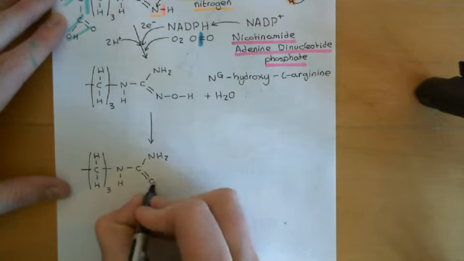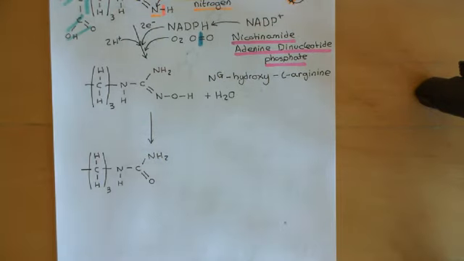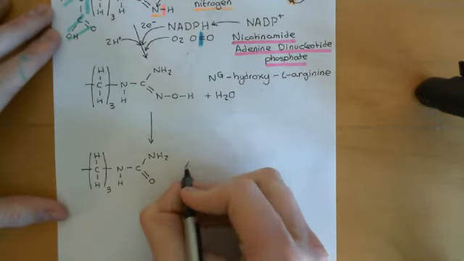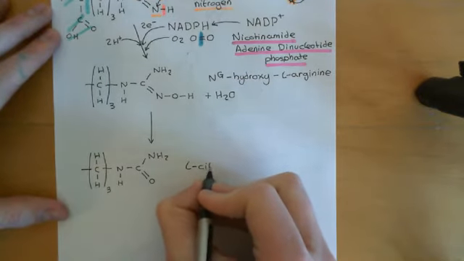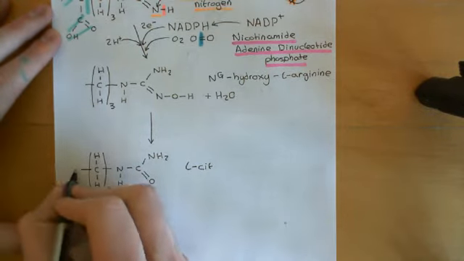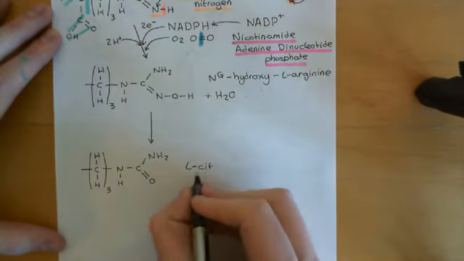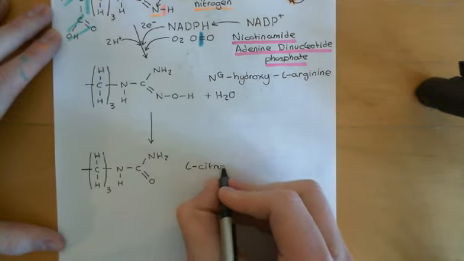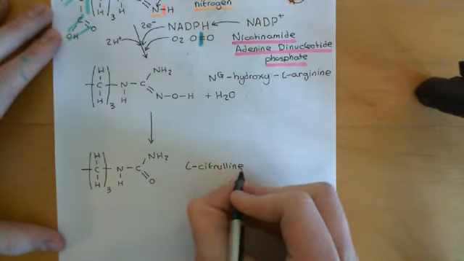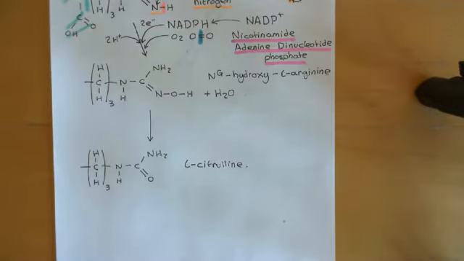But now this carbon has been bound to this oxygen by a double bond. Remember we've still got the chiral center back here in the L form, so this molecule is known as L-citrulline. And that's the final product in terms of the amino acid that you're getting from this reaction.